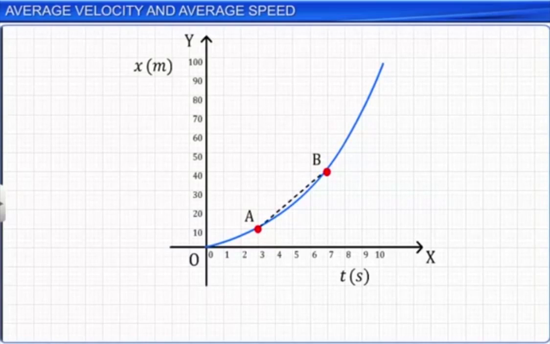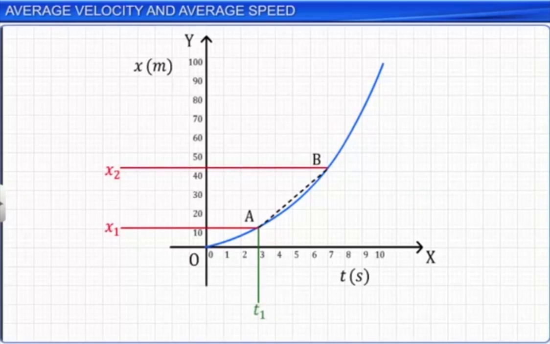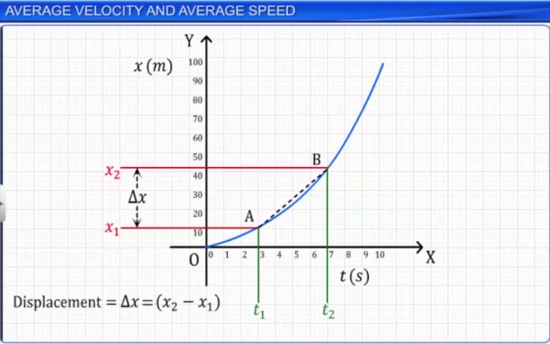x1 and x2 are the positions of the body at time t1 and t2 respectively. The displacement delta x is the difference between x2 and x1. The time interval delta t is the difference between t2 and t1.